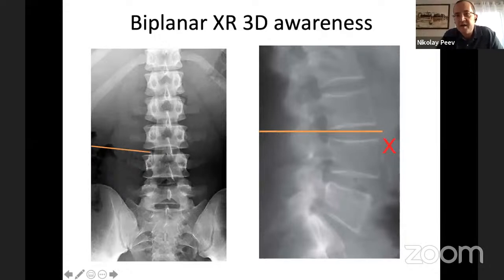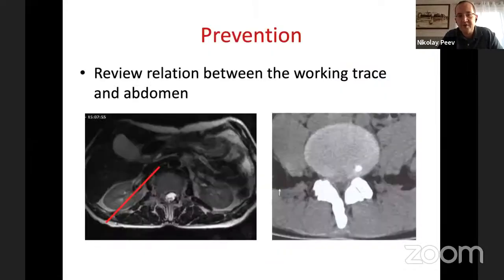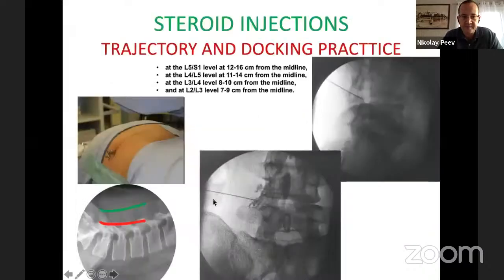That is the importance of 3D biplanar awareness, because if you project your trajectory based on the X-rays which you have just seen, that could be a possible trajectory that your instruments are following, and that's obviously something that you don't want. You don't want to have injury of the internal organs.